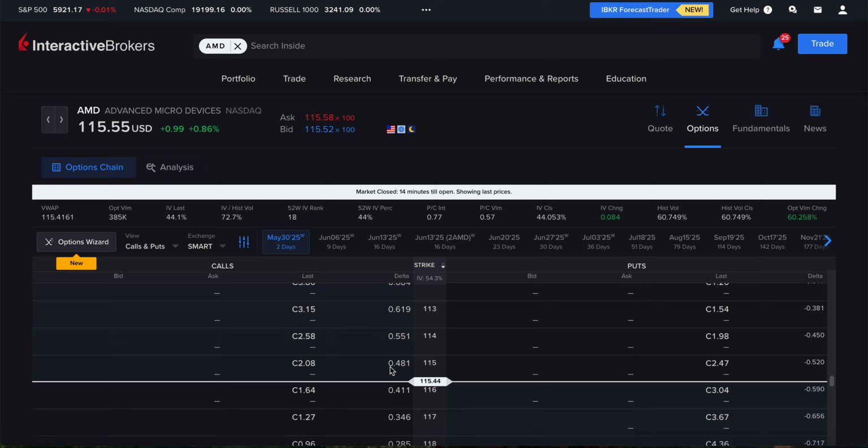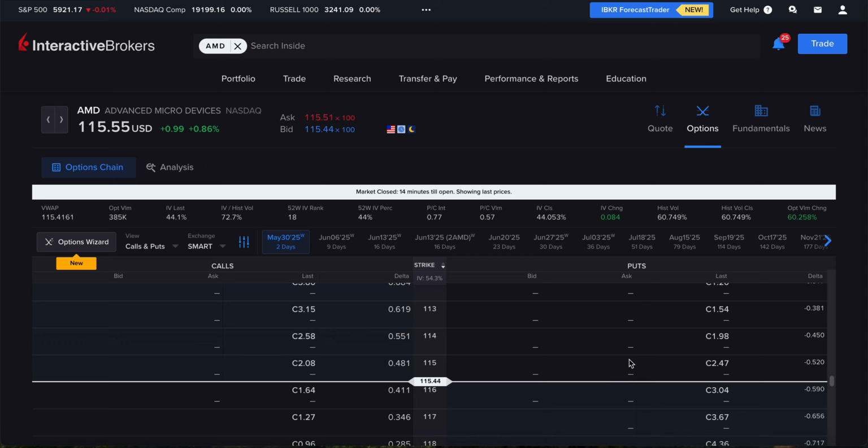It measures how much an option's price changes relative to a $1 move in the underlying stock. So for example, if this delta is negative 0.520 for the put option here at 115, if the stock increases $1, there'll be a negative 0.52 decrease in the premium of the puts.